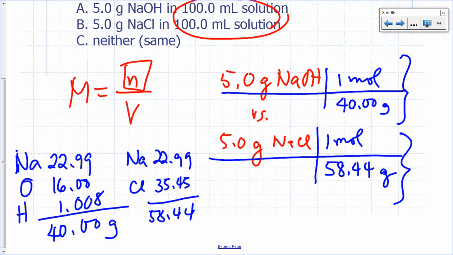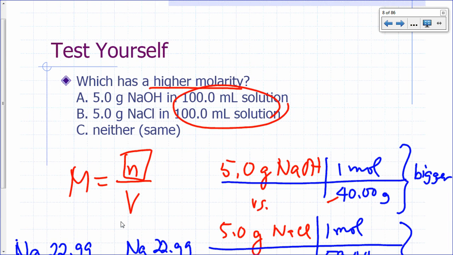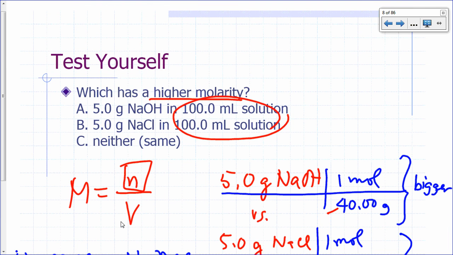You're dividing the first one by a smaller number, so this must be bigger, right? So that will have more moles of solute, so it's going to have a higher molarity. See, you're dividing this one by 40, whereas this one you're dividing the same number by 58.44. So if you divide by a smaller number, you get a bigger result, so more moles for sodium hydroxide. So the correct answer is A.